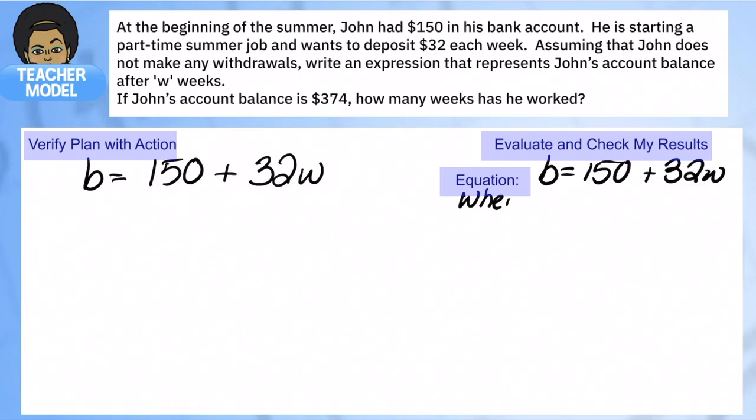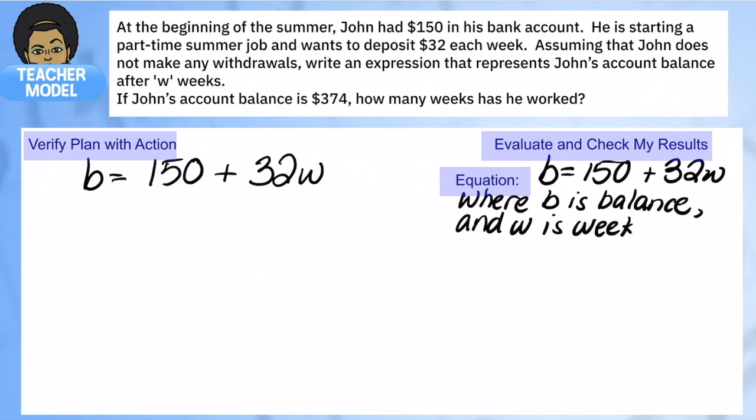And I'm going to also give more information where B is his balance and W is weeks. Again, trying to be super clear and transparent, leave all my thinking on the page. It makes more sense to just take 10 seconds to be super clear than to rush and leave it to chance and assume that everyone understands what we mean.